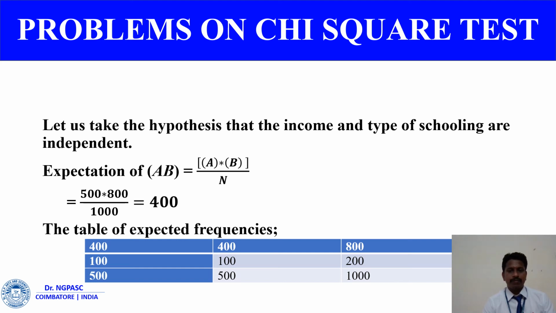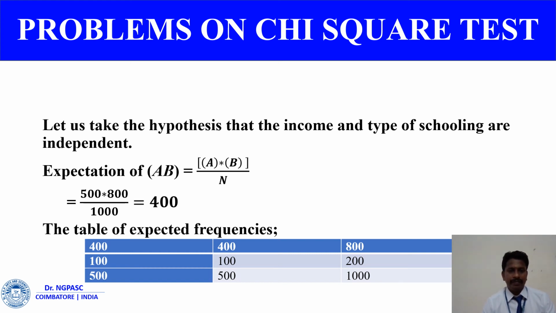For the second entry, the corresponding column total 500, the corresponding row total 800, 500 into 800 divided by 1000, we get 400.